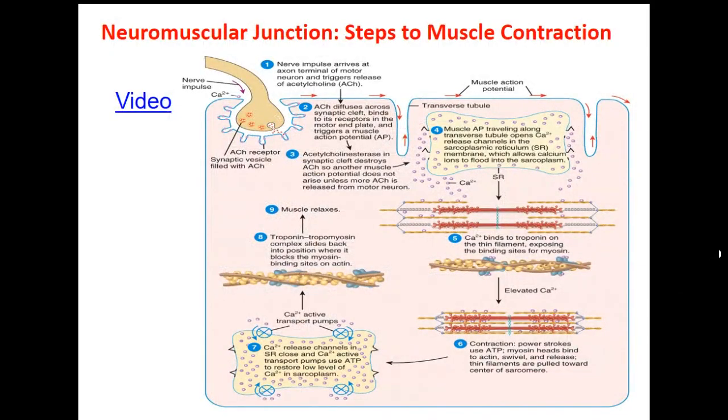Here's another view summarizing all this. Here's a neuromuscular junction. The nerve impulse comes down there and causes the acetylcholine neurotransmitter to be released into the gap, the synaptic cleft.